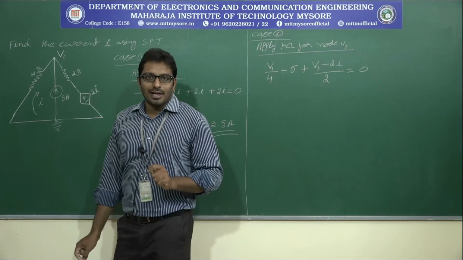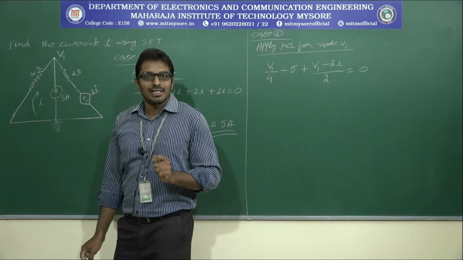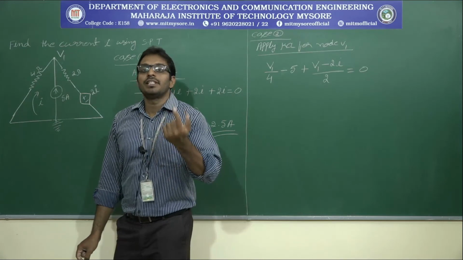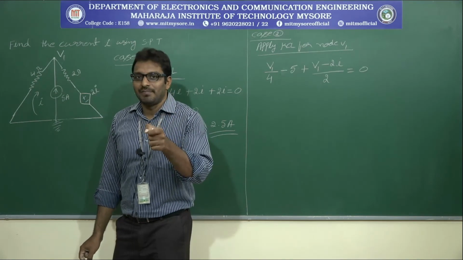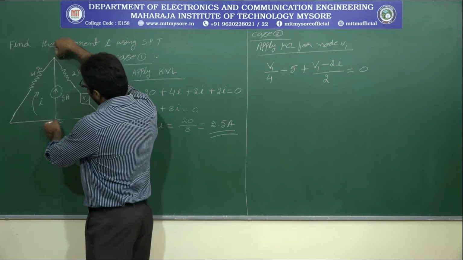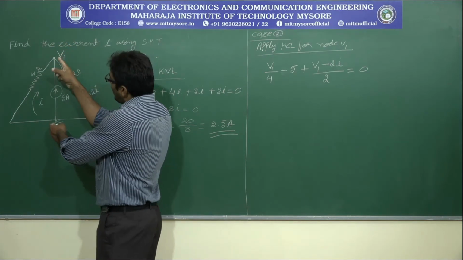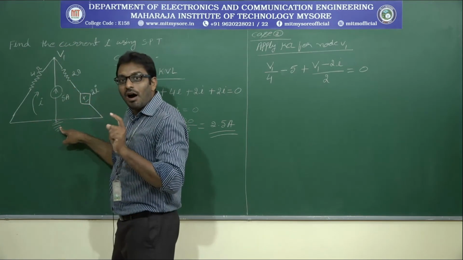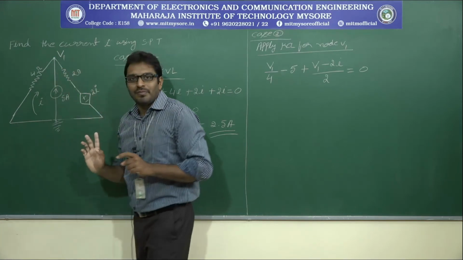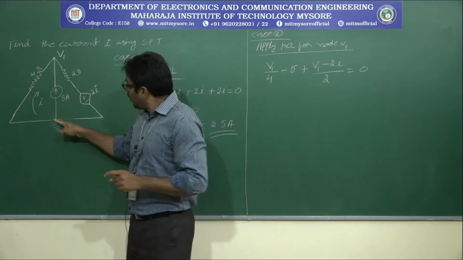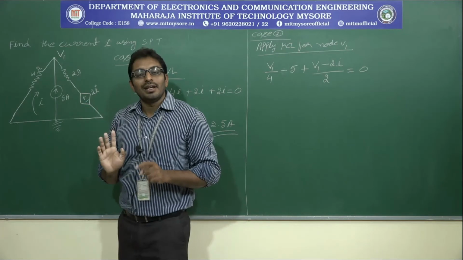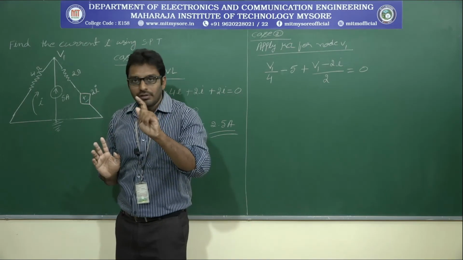By Ohm's law, what is I? V divided by R. What is V? The potential difference between these 2 points. That is either V1 minus 0 or 0 minus V1. But we should take 0 minus V1, because current always flows from higher potential to lower potential.